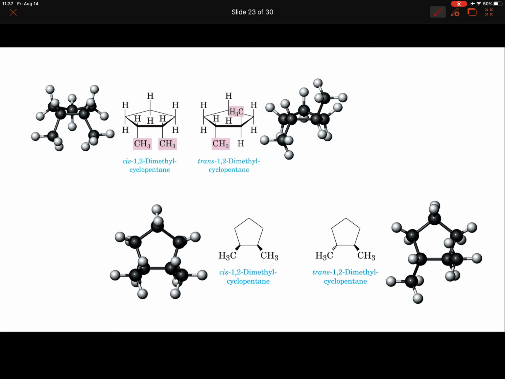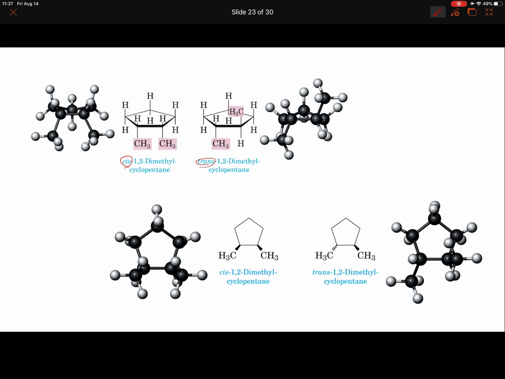You can see here, we're going to talk about cis versus trans. So cis means same side, trans means opposite sides, and this will come back when we talk about double bonds. But here with the ring, it means are the two groups on the same side of the ring or on opposite sides? And you can see here with a di-substituted ring that there's going to be a conformation that's more stable than another.